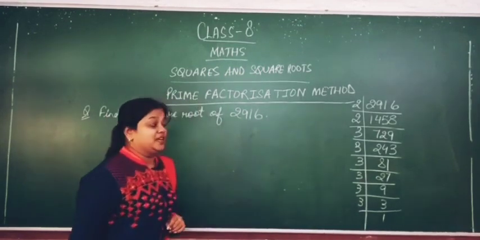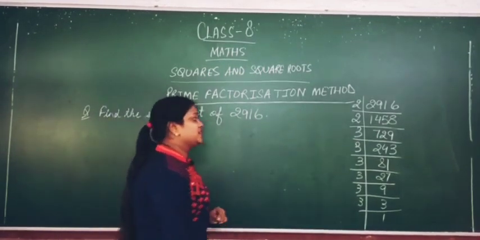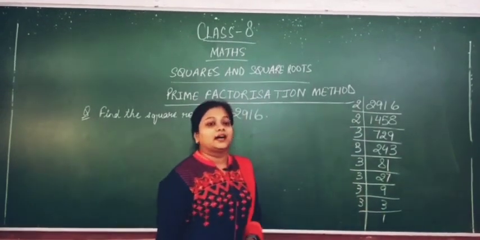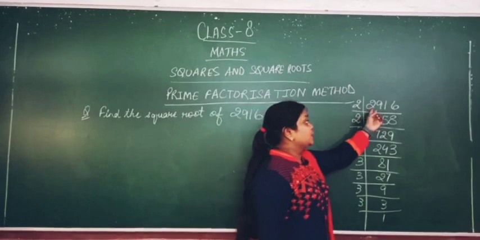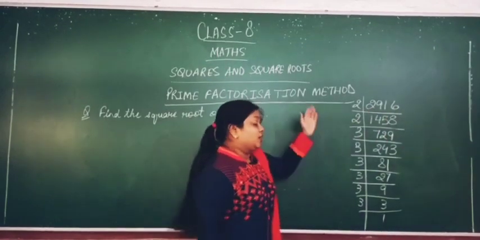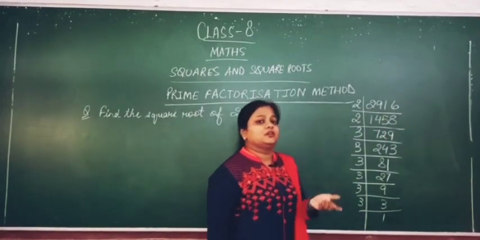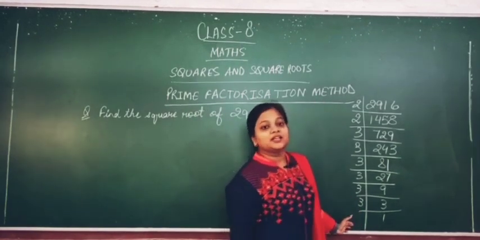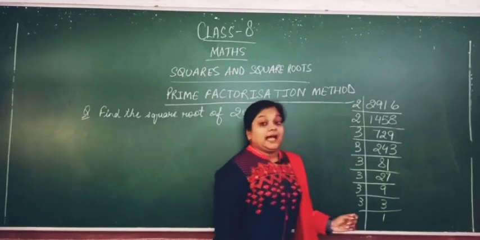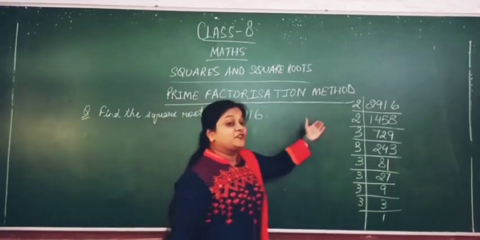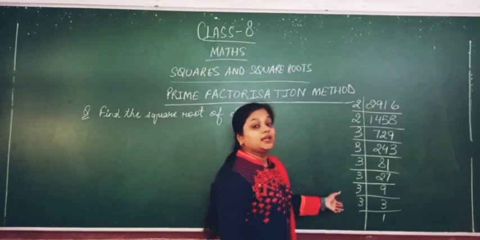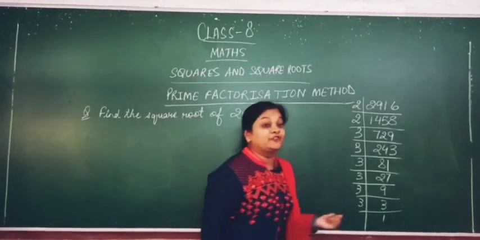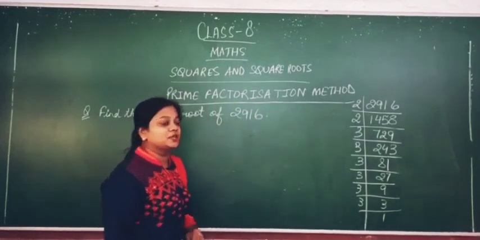The first step for this calculation is we have to find the prime factorization of the given number, which is 2916. For finding prime factorization, we can find the LCM of the given number. Our next step is, when we'll find the LCM, then we'll take all the prime factors formed in the LCM and we'll write it in multiplication form.